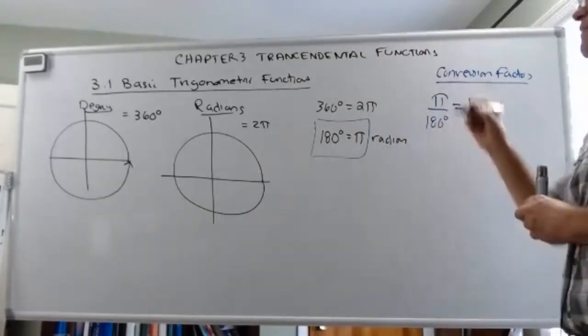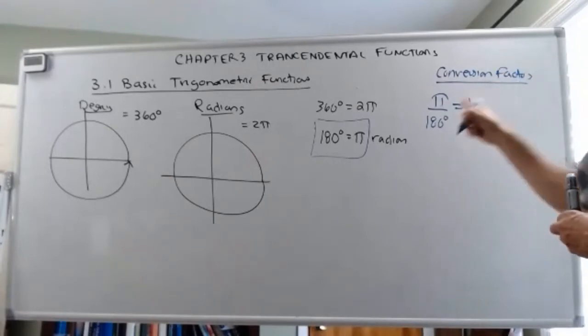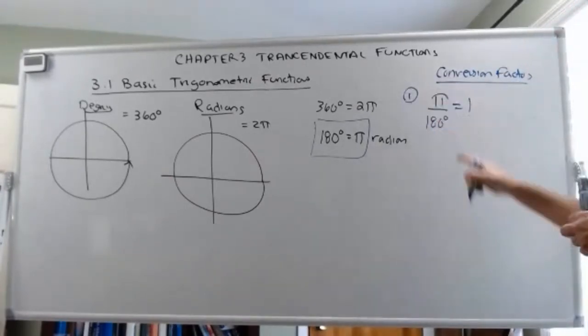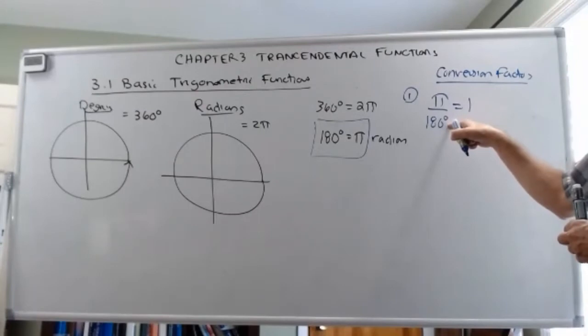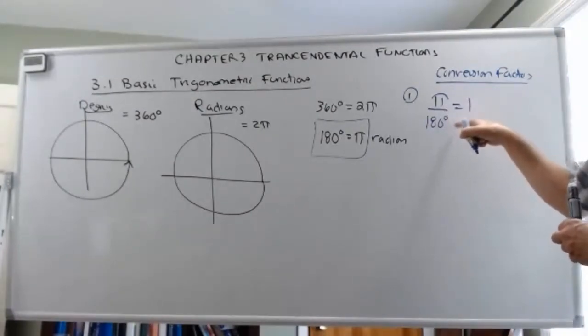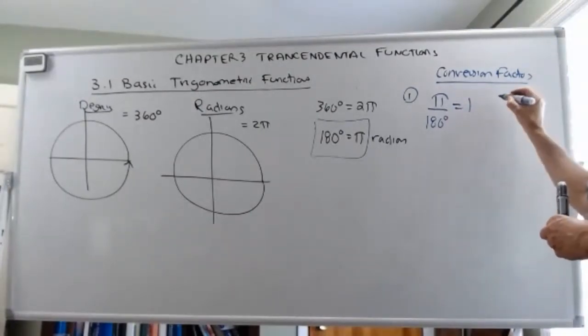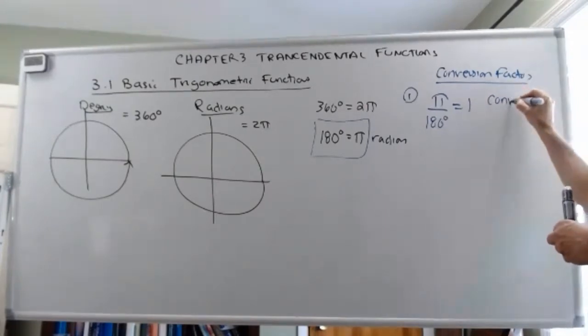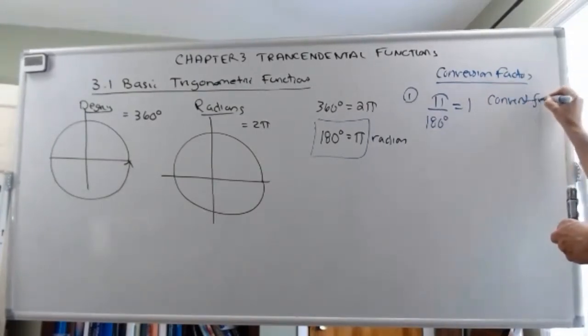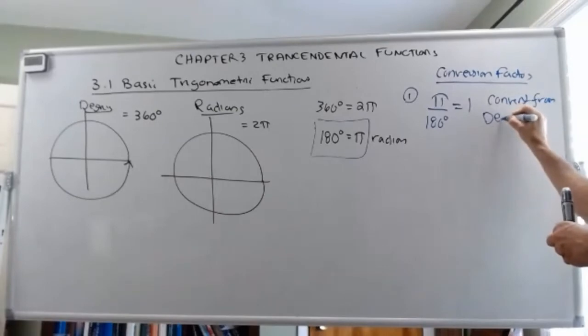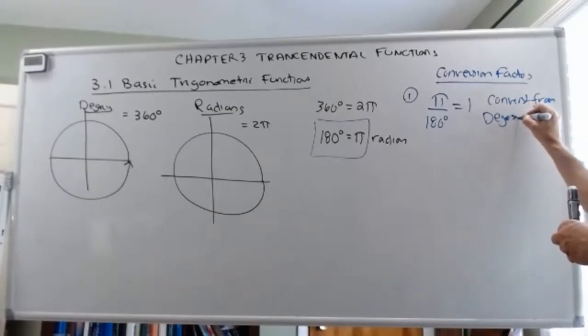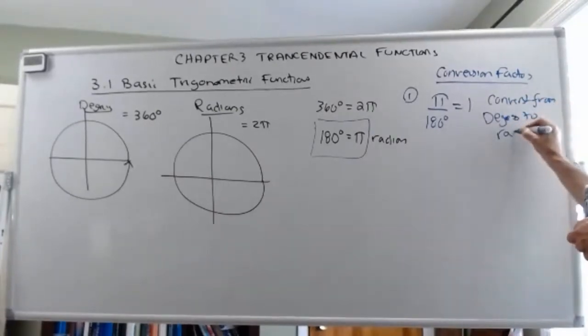They're equivalent metrics. This factor here will convert from degrees to radians. The degrees will cancel. So if I use this factor, this converts from degrees to radians.